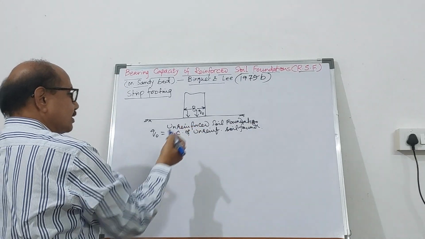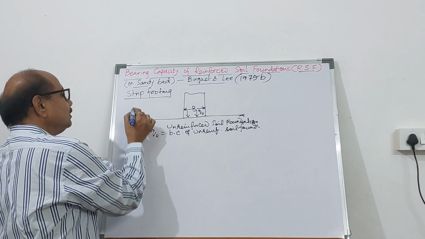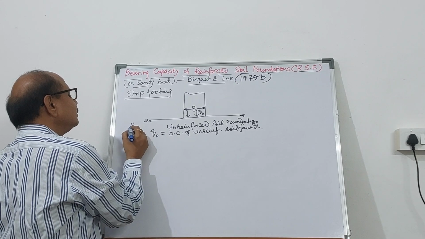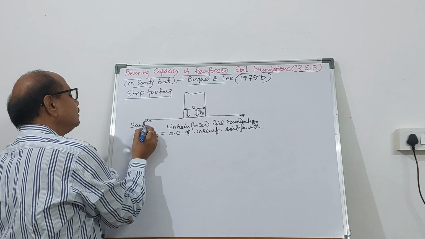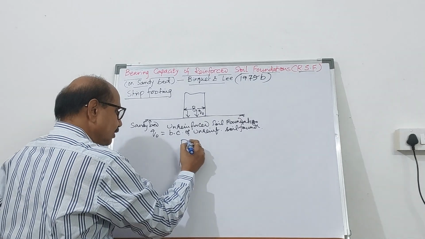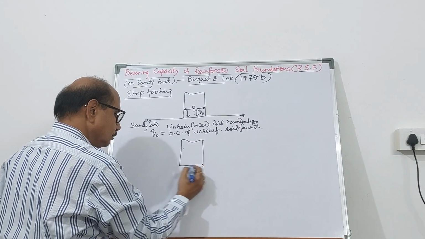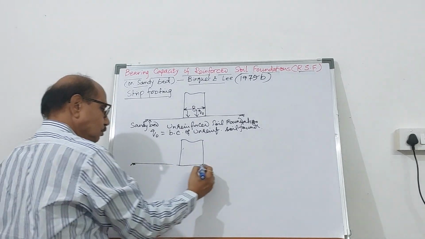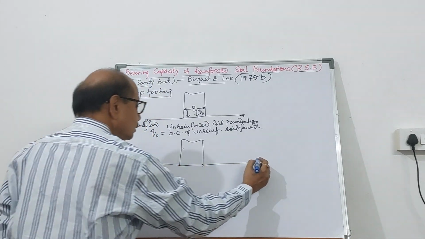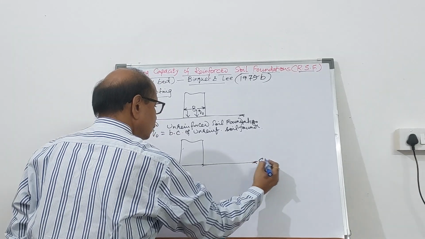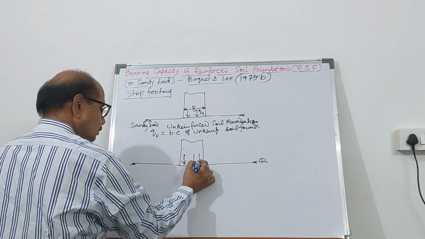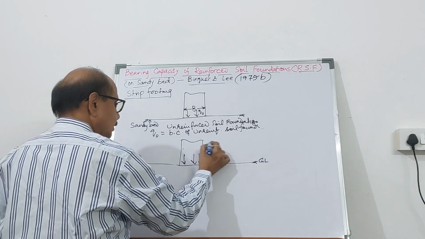Now, if the same soil, which is phi soil or granular soil, a sandy bed, is reinforced, you will have the ground, and this is the footing. So this is the strip footing.